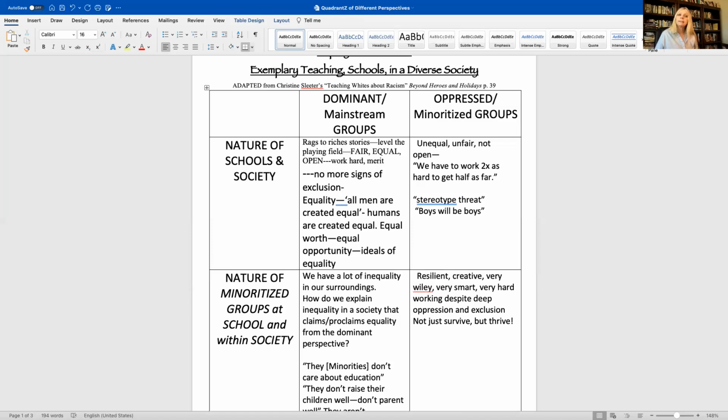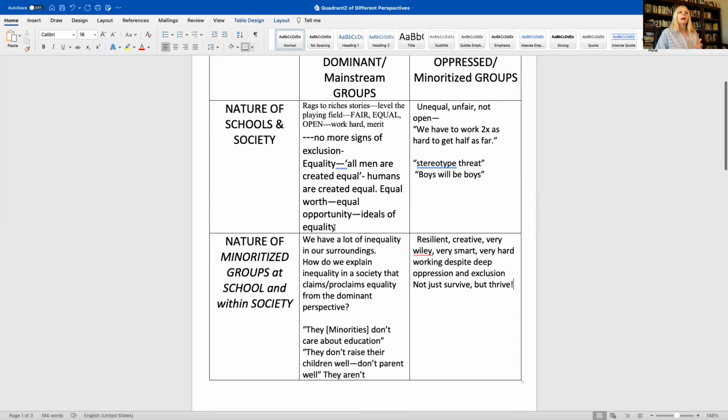So the reason that this is super, super important is because, especially for exemplary teaching, a lot of times teachers will come to interactions with students and they will come at it from this perspective over here, that schools and society are open and equal.